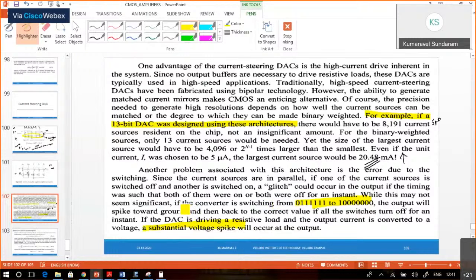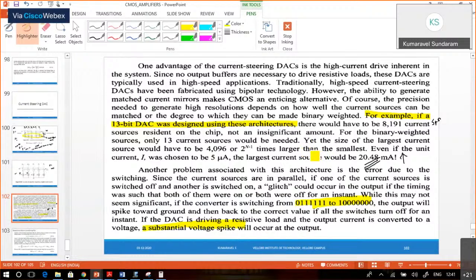How can we overcome the glitch? This is one problem. So I have given the idea that a current steering DAC can be realized either in unary fashion, meaning thermometer, or binary fashion. We have understood the drawback in each configuration.